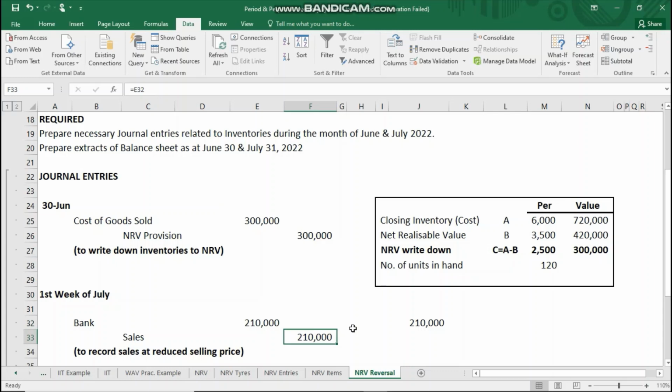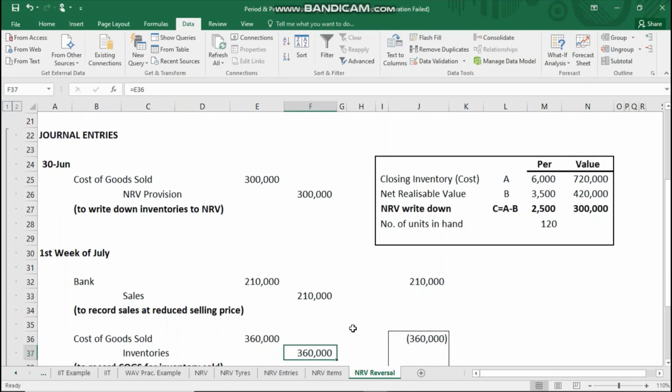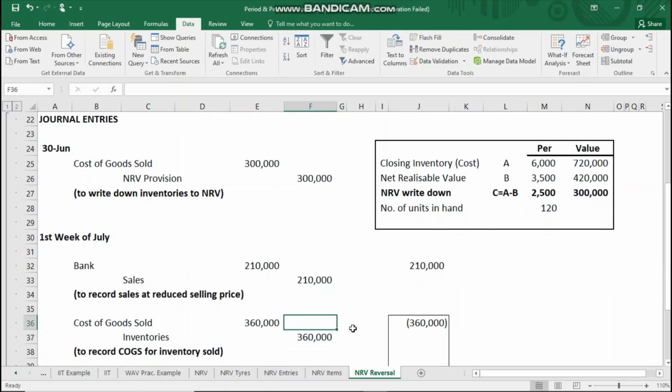That gives me the sales entry, and we all know that with the sales entry we also need to record the cost of sales. Just pay attention here. The cost per unit per tire is 6,000, and we sold 60 tires, so 60 times 6,000 gives me 360,000, and I will debit my cost of goods sold with this amount and credit my inventory with this amount.